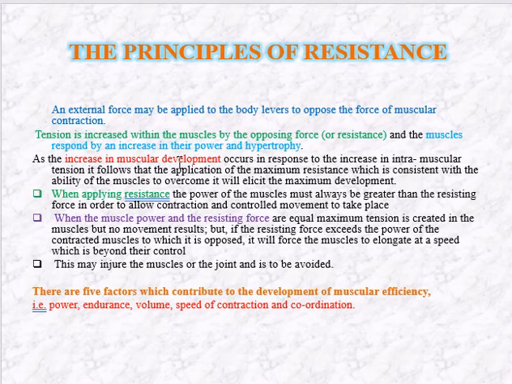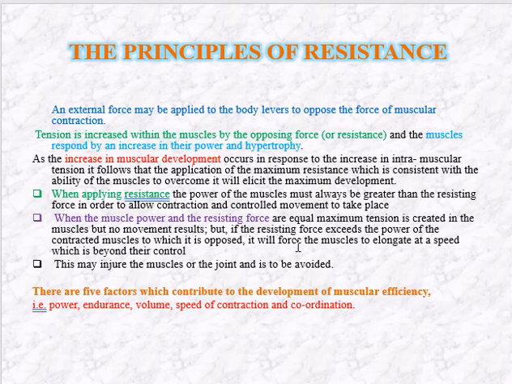As the increase in muscle development occurs in response to the increase in intramuscular tension, it follows that application of the maximum resistance, which is consistent with the ability of the muscle to overcome it, will elicit the maximum development. When applying resistance, the power of the muscle must always be greater than the resisting force in order to allow the contraction and controlled movement to take place.